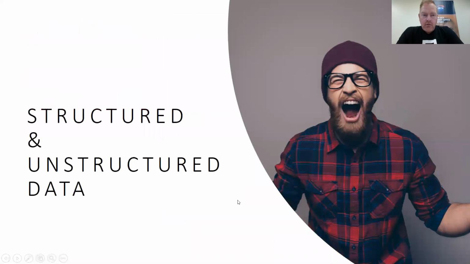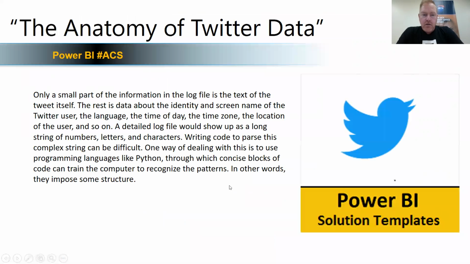I'll talk quickly about structured and unstructured data. What I want to talk about there is only a very small part of the Twitter information. Essentially, it's the text of the tweet itself that we refer to as unstructured data, and that's what we're sending to the sentiment API and machine learning.